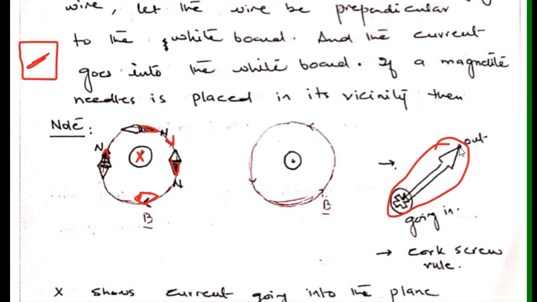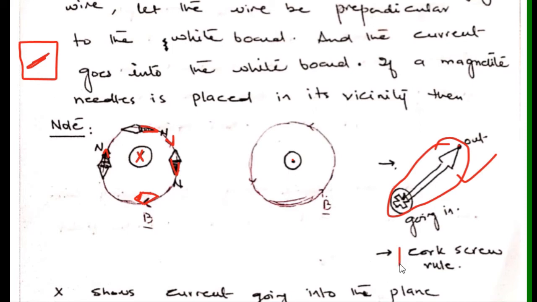And if I hold the arrow in my hand, then the cross, the tail, will be towards my side, and when I throw the arrow towards the paper, the cross will represent that the arrow is going into the plane of the paper. So this is one way of explaining why the cross is going into the plane and the dot is coming out of the plane.